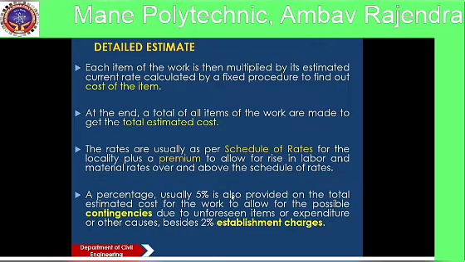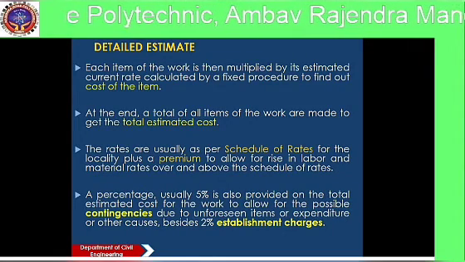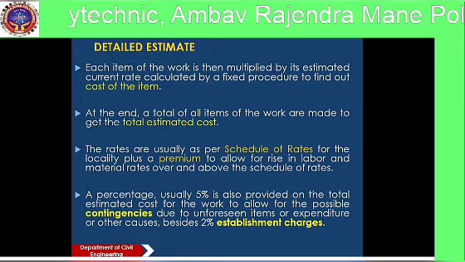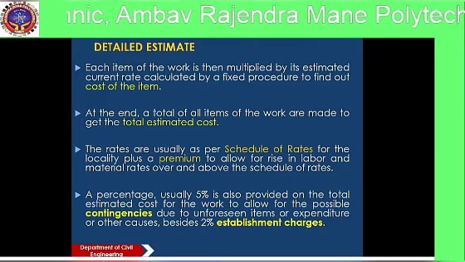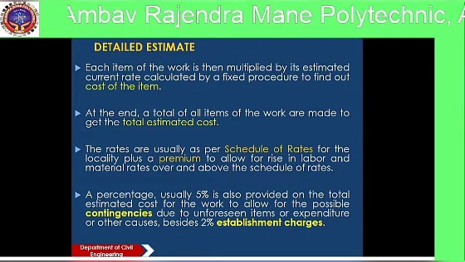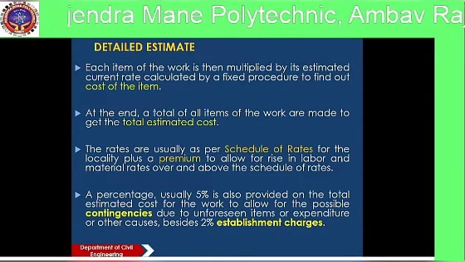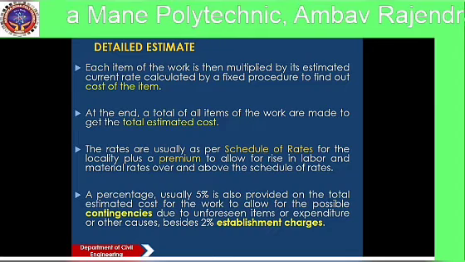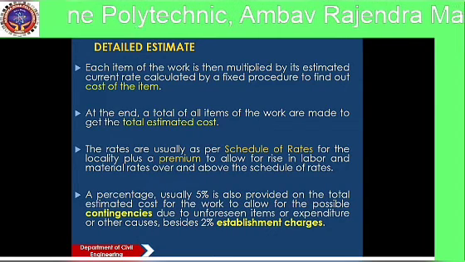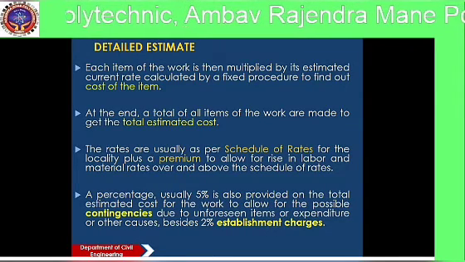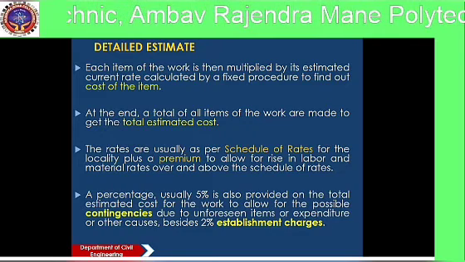So in the detailed estimate, each item of work is multiplied by its estimated current rate calculated by a fixed procedure to find out the cost of an item. At the end, the total of all items of the work is made to get the total estimated cost.